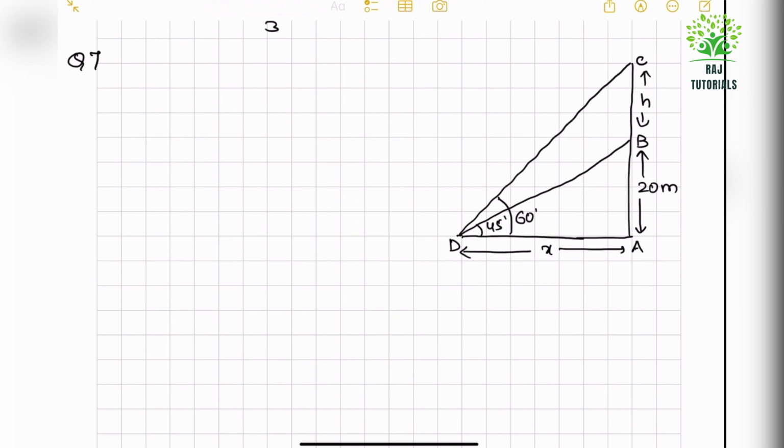so from a point on the ground, the angle of elevation of the bottom and the top of a transmission tower fixed at the top of a 20 meter high building are 45 and 60 degree respectively. Find the height of the tower.